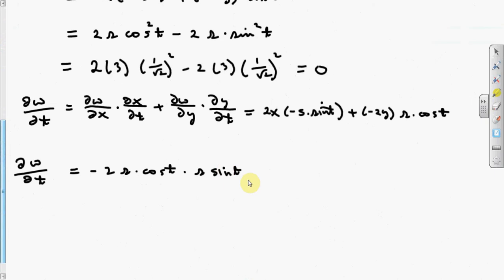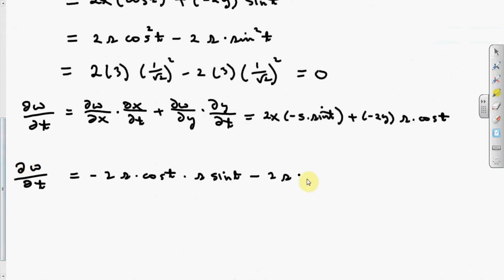A lot of s's in there. Minus 2 times y. Y is s sine t, times that s cosine t.